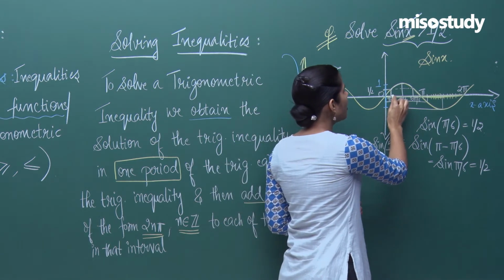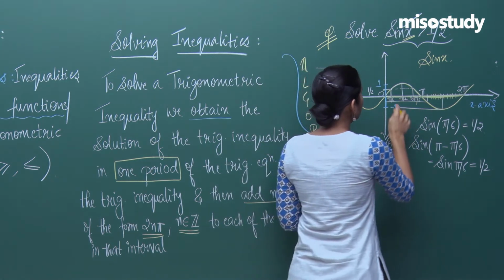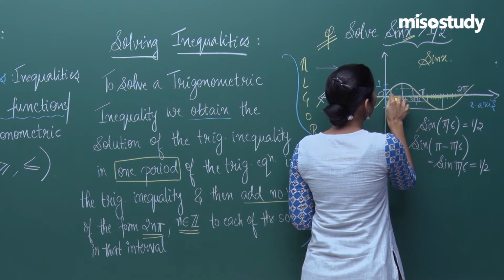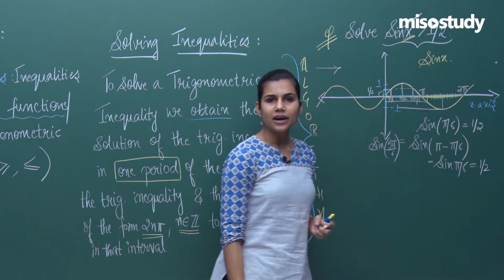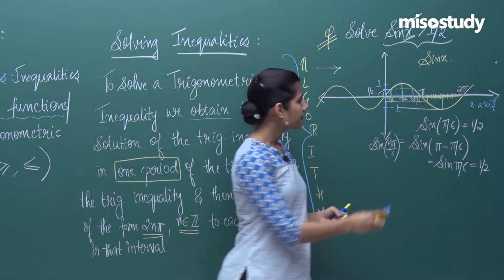Apart from these members, none of the angles have their sine ratio greater than half.